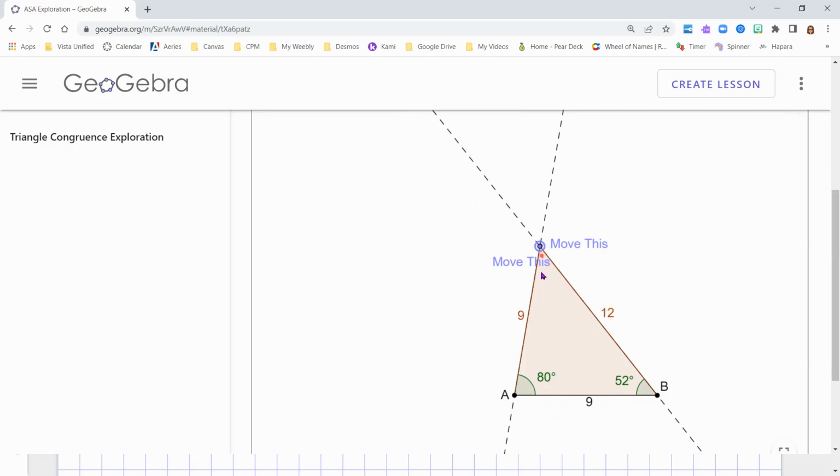There's no other triangle that I can form because that angle B is going to shoot out, and this angle A is going to shoot out. But there's only one spot that they're going to meet, which is always right here. And so I end up with this triangle.